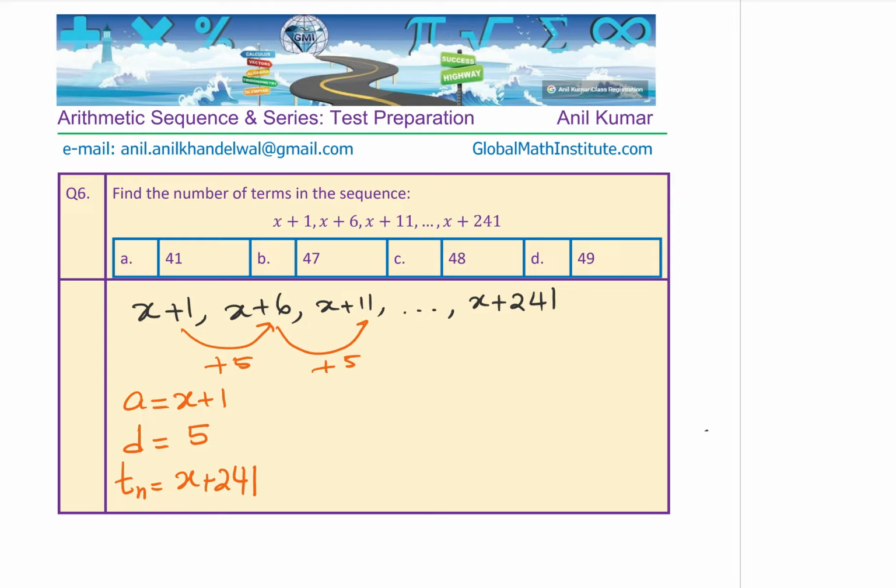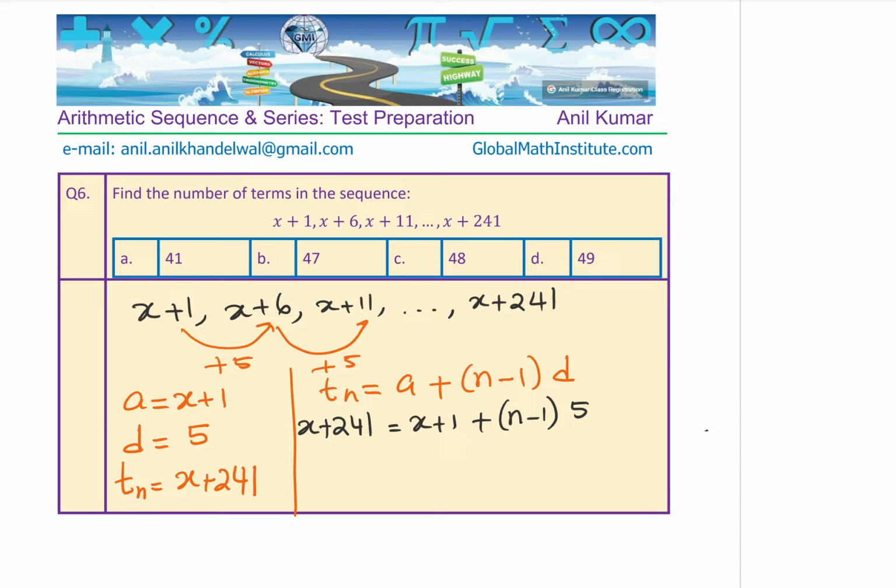So if we apply the formula, then what do we have? Well, Tn is basically equal to A plus n minus 1 times d. So in our case, the value of Tn is x plus 241, correct? The value of A is x plus 1, and we don't know what n is. We need to find this, and d is 5.